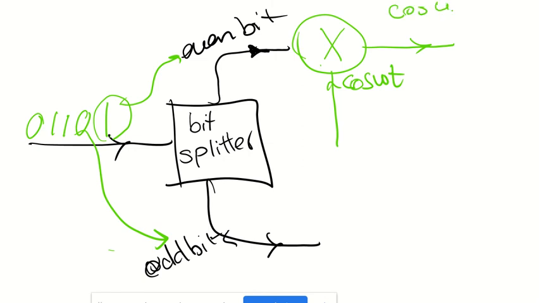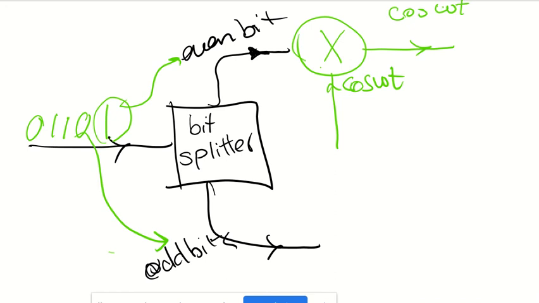So let's say I have cosine of omega t. If that's assigned to 0, then cosine of omega t plus 180 degrees will be my 1, which mathematically will be minus cosine of omega t, right? So phase shifting is happening for cosine of omega t. If the phase is 0, it's 0. If the phase is a 180-degree phase shift, I'm sending my 1. So it's BPSK happening in this part.